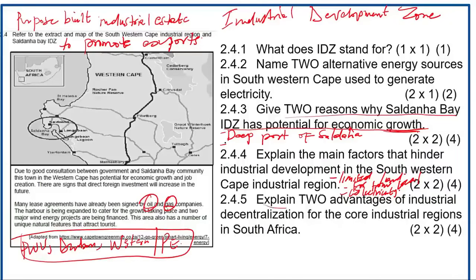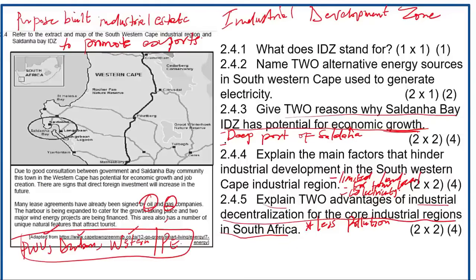Now, explain two advantages of industrial decentralization for the core industrial regions of South Africa. It means there is going to be less pollution, because not everybody will be going to these main industrial regions only.